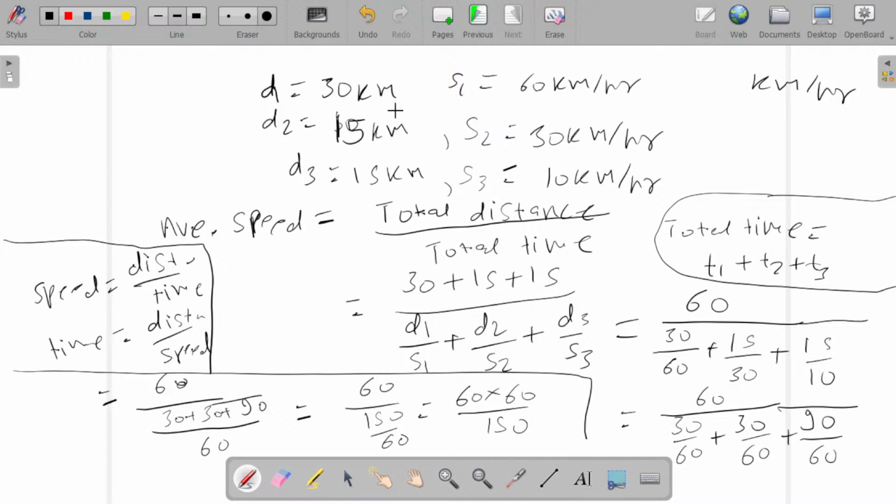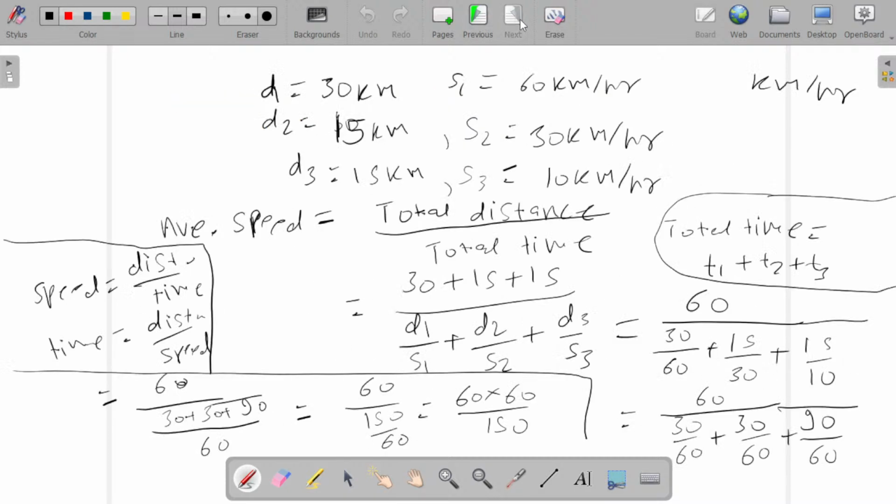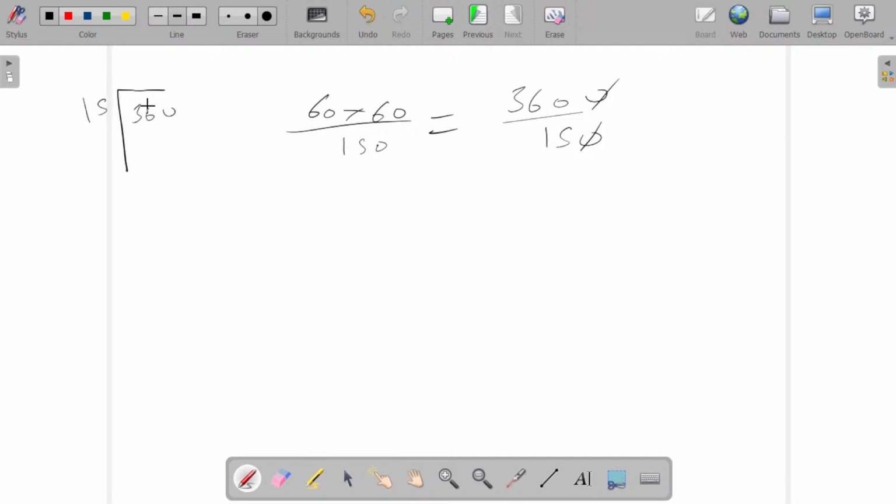Let me go to the next page. We got 60 into 60 by 150, which equals 3600 by 150. So it's 15, so let me divide it: 360 divided by 15.